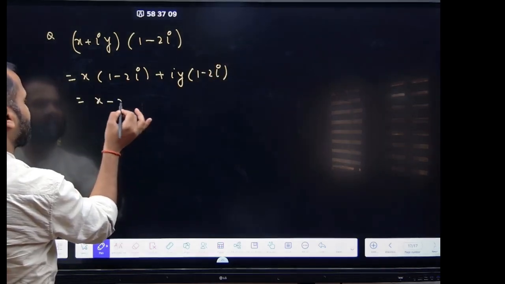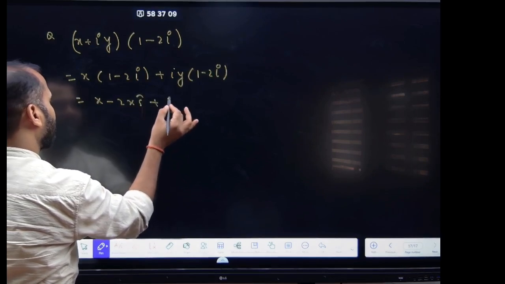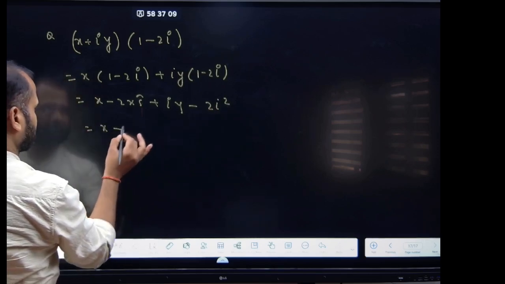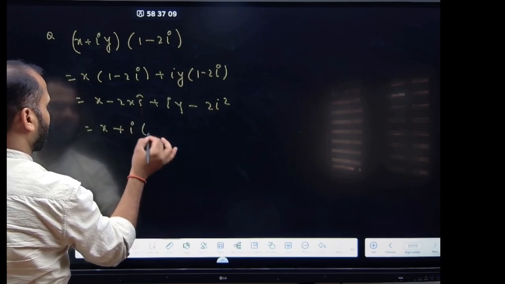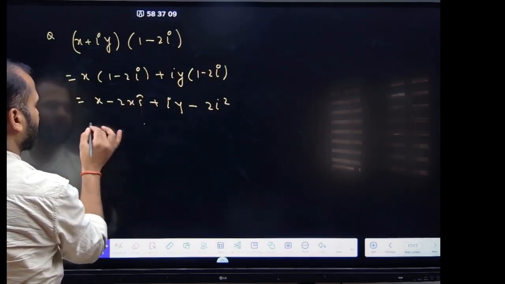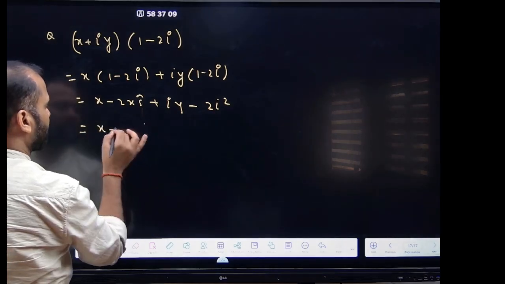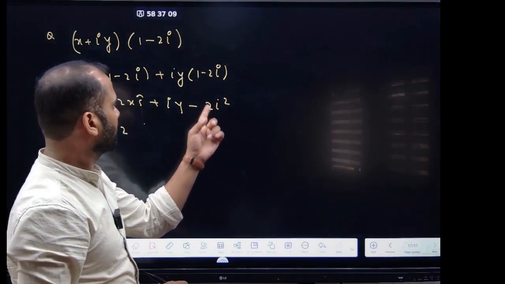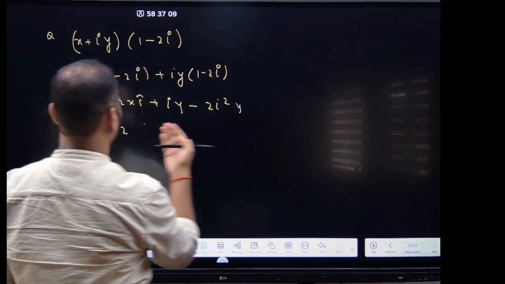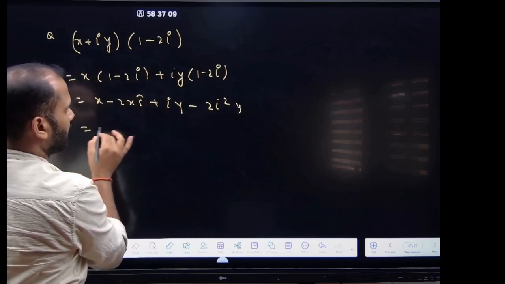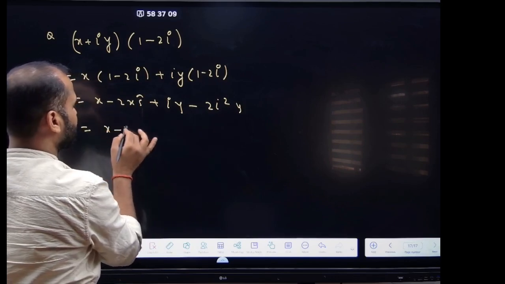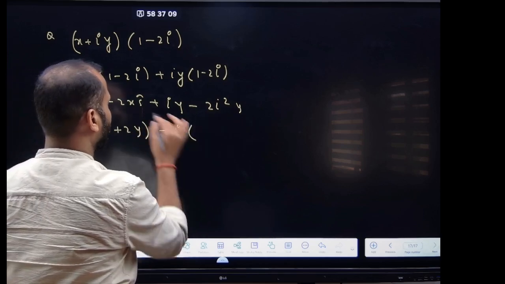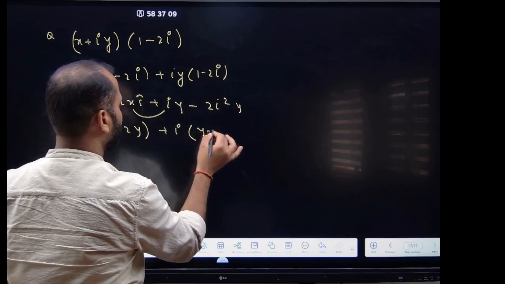If I multiply, x minus 2xi plus iy minus 2i square y, plus take iota common, or I will be writing one more step. What is i square? Minus 1, right? This i square is minus 1. Okay, y also. Correct? Now, so i square is minus 1. Can I write x plus 2y, real part? And iota you take common from these two. How much it will be? y minus 2x.